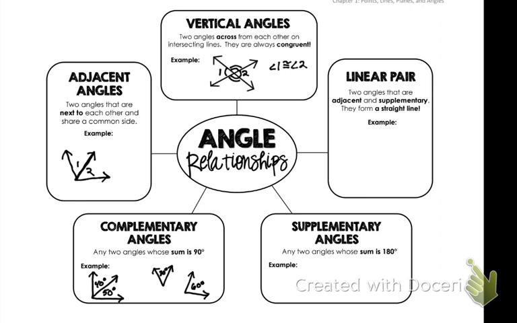Supplementary angles need to add to 180 degrees. Once again, they do not need to be connected to each other. One example might be a 60-degree angle and then a 120-degree angle.